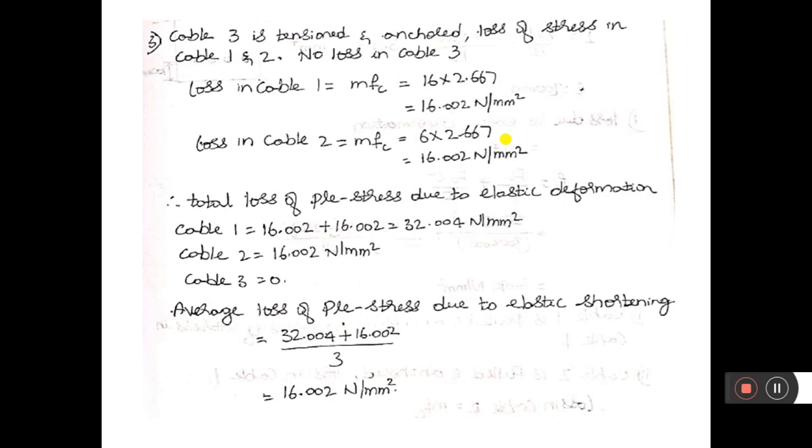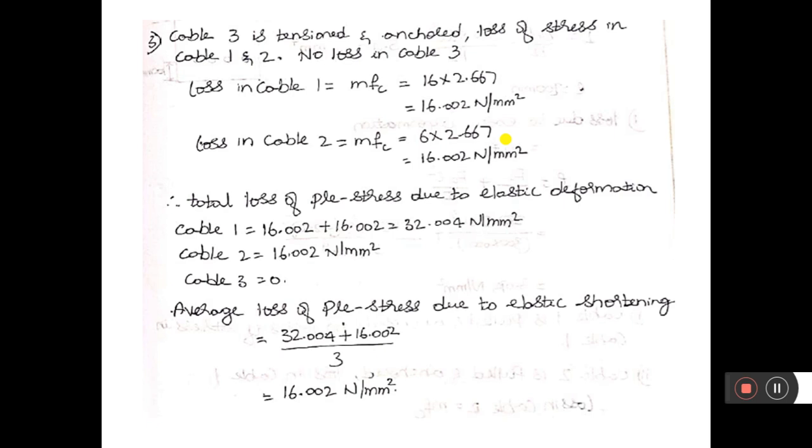There will be loss in cable 1 and loss in cable 2, but loss in cable 3 will be 0, because when a pre-stressing force of 60 kilonewton is applied for cable 3, again compressive stresses are developed on the faces of the member, and these compressive stresses on both the ends will try to further shorten the length of the member.